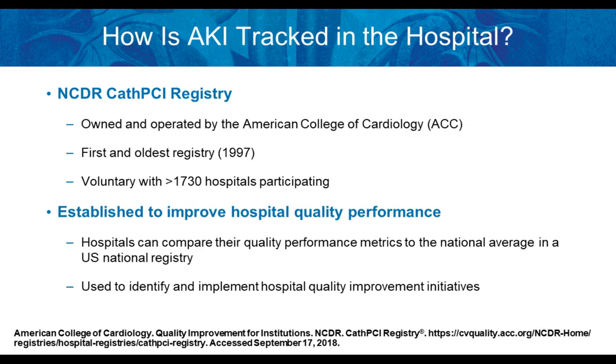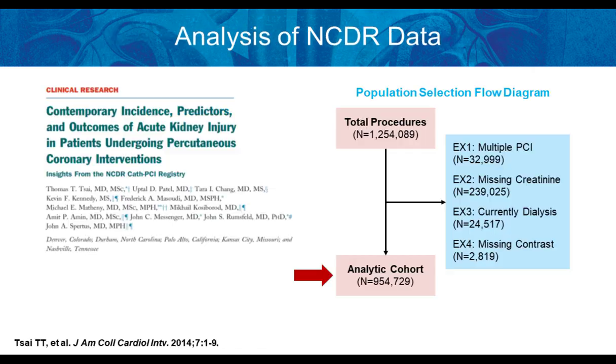Now, how is AKI tracked in the hospital? The NCDR CathPCI registry, which is operated by the American College of Cardiology, is how we monitor our performance with respect to acute kidney injury. The purpose of this is to allow hospitals to compare their quality performance metrics to national benchmarks and identify potential opportunities for each individual hospital to improve their care.